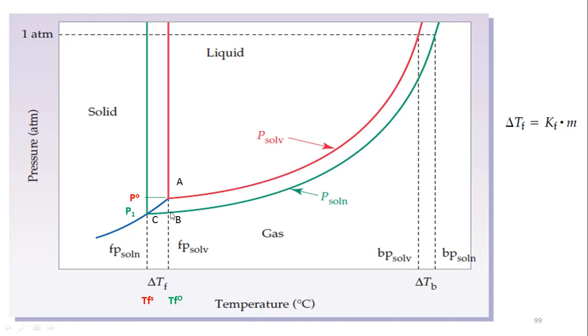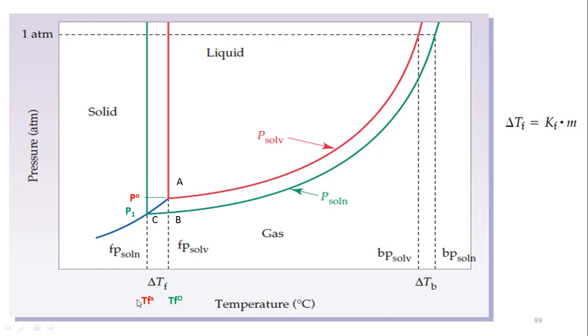So if you want to freeze the solution, you have to move towards this point C, and at this point, if you extrapolate on the x-axis, this is called the freezing point of the solution, and this is represented by TFS, the freezing temperature of the solution.